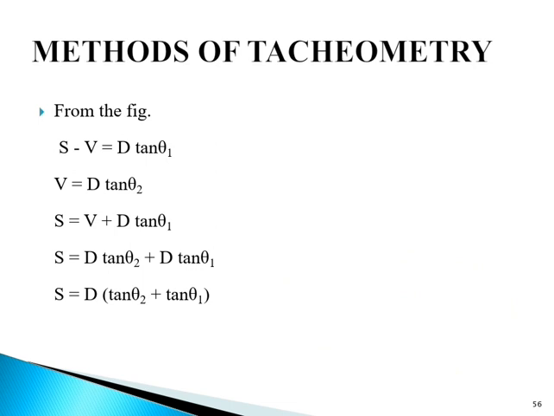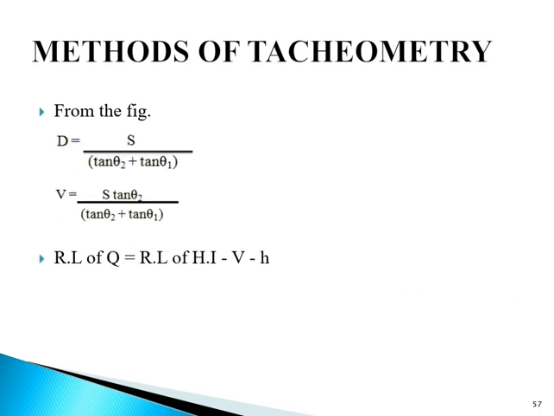Further simplifying, S is equal to capital D into bracket tan theta 2 plus tan theta 1. So D is equal to S upon tan theta 2 plus tan theta 1, and V is given by S tan theta 2 divided by tan theta 2 plus tan theta 1, and RL of Q will be given by RL of HI minus V minus H. So these are all the required equations which can be used.